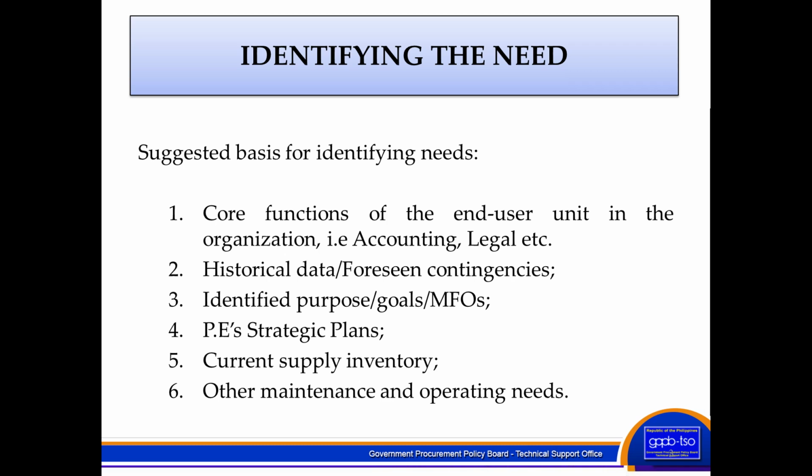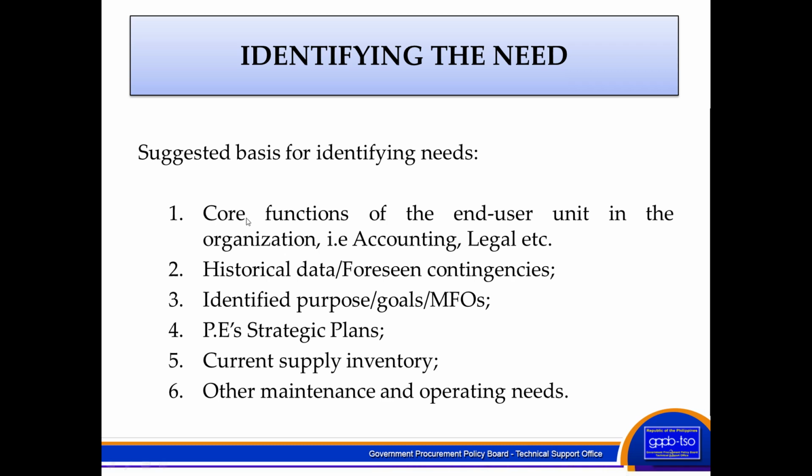Say for example, a certain equipment has been requested for a certain purpose, and as an experience, this certain equipment could not really address what is needed by the office. Those are some of the facts that we need to know historically.